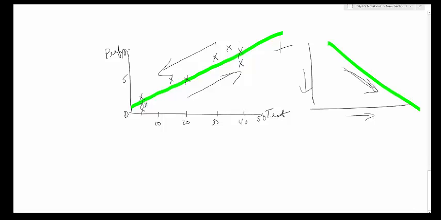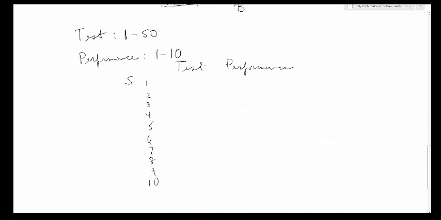And as we go from down to up, so we go up here, what is happening to these numbers? They're getting smaller, right? So we want to know, to the degree that we can, is this a positive relationship or a negative relationship?